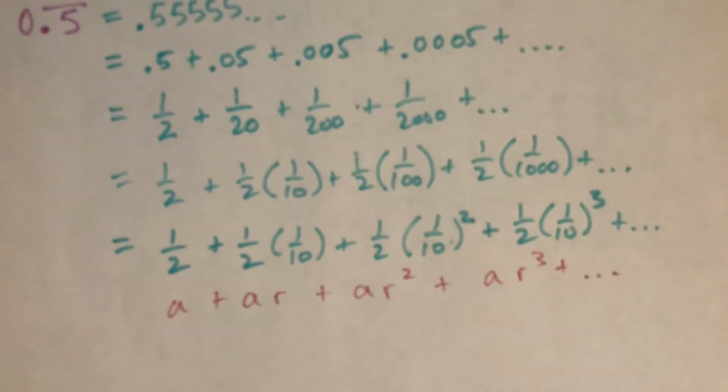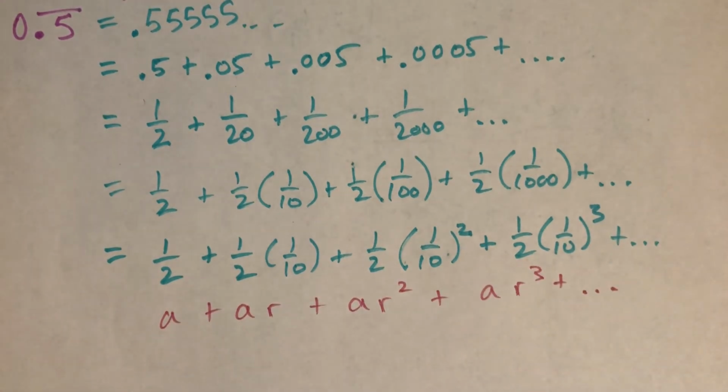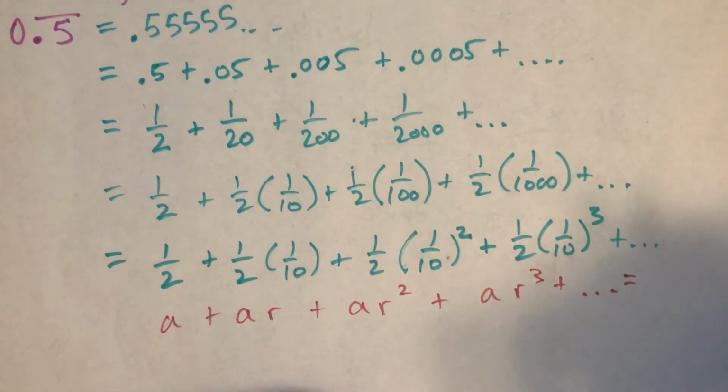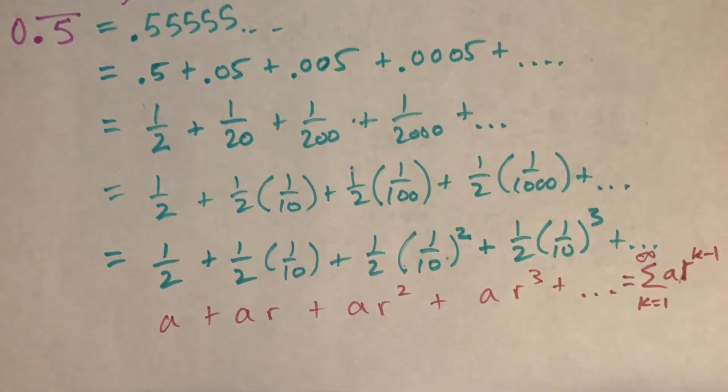This is part of the theorem, and it equals the sum from k equals 1 to infinity of a times r to the k minus 1 power.